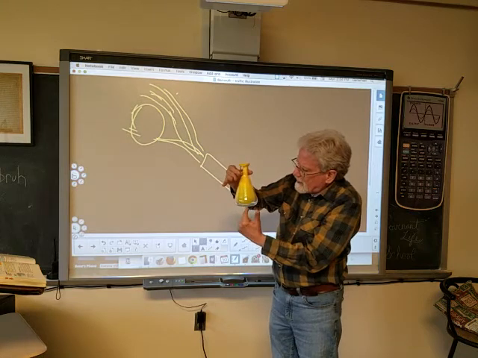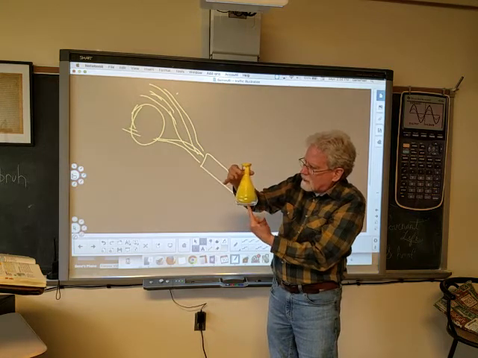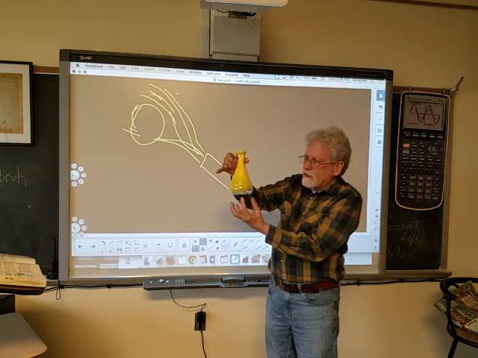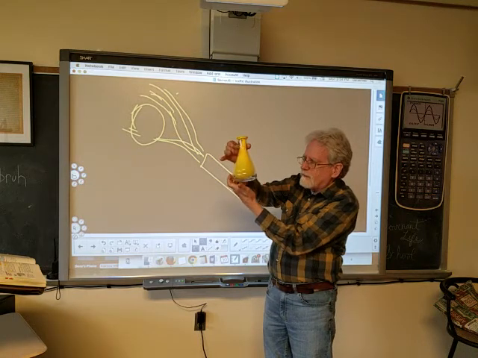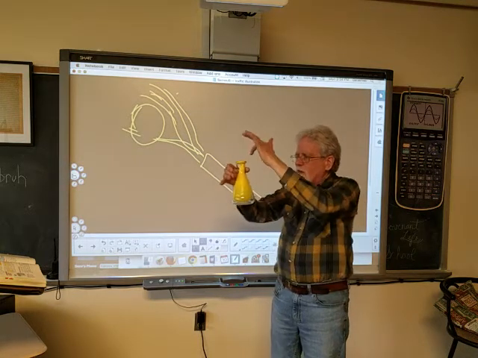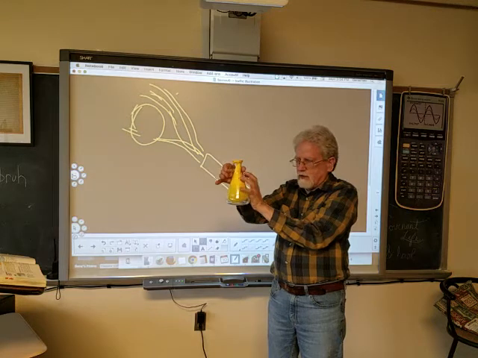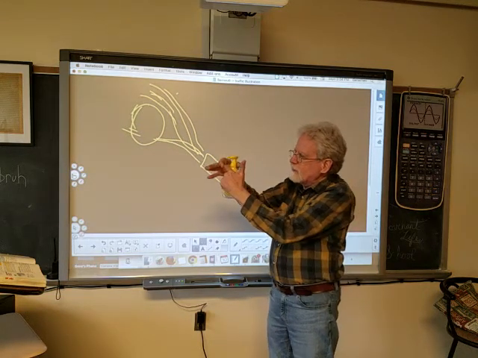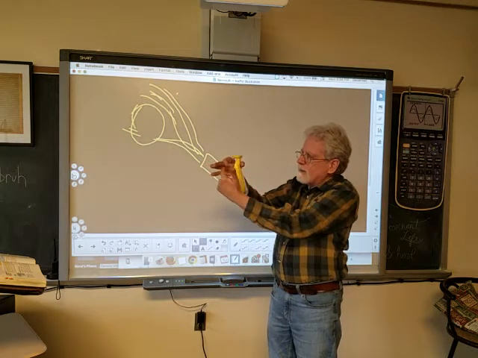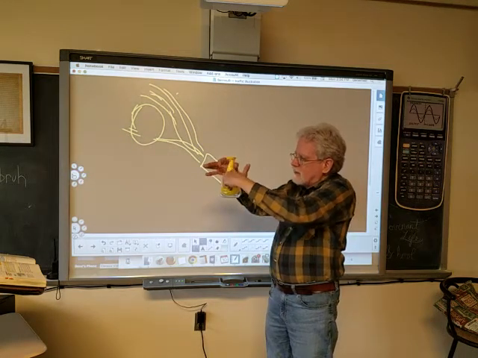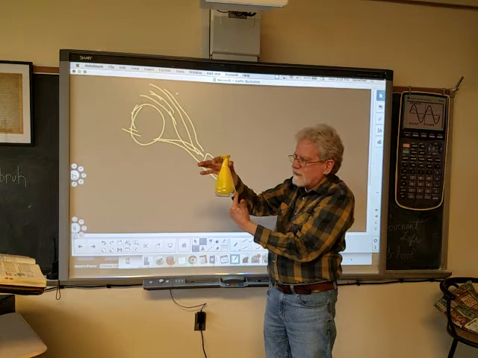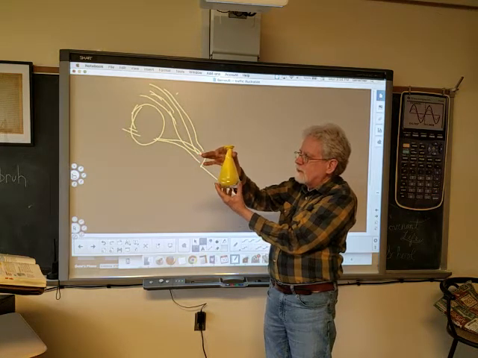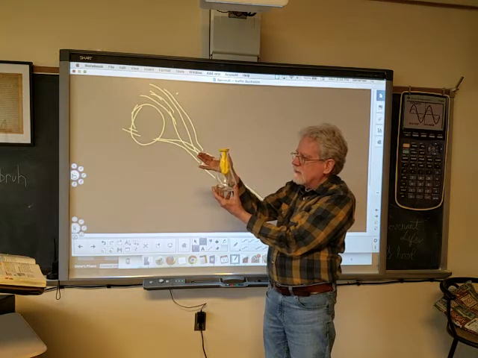That means that no air can get into the flask. So inside the flask itself, I have low pressure. Inside the balloon, I have high pressure. Well, the high pressure wins. The balloon stays inflated. If I take my finger off of this little opening, that will allow air to go back into the flask, equalizing the pressure and allowing the balloon to deflate.